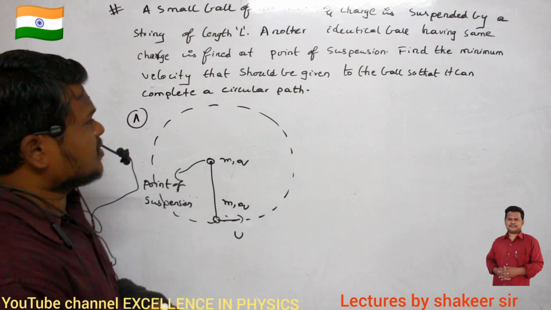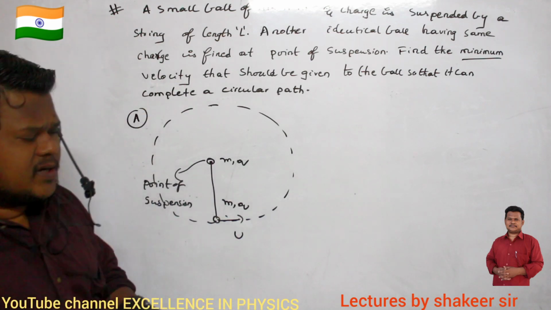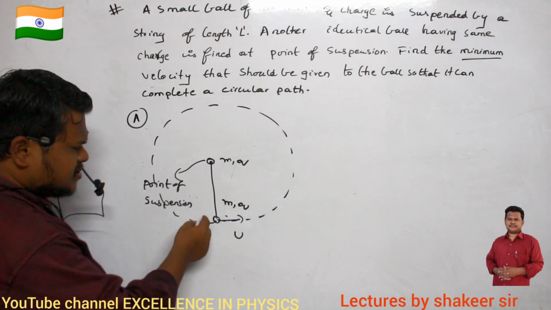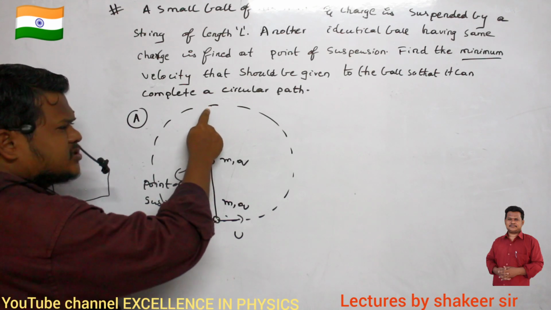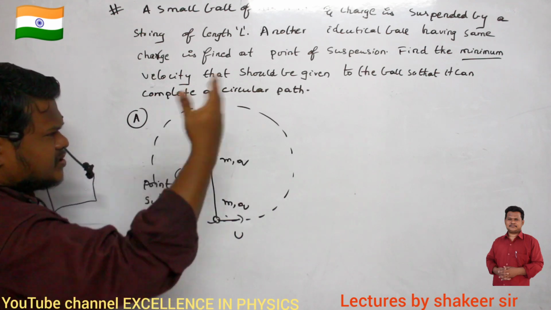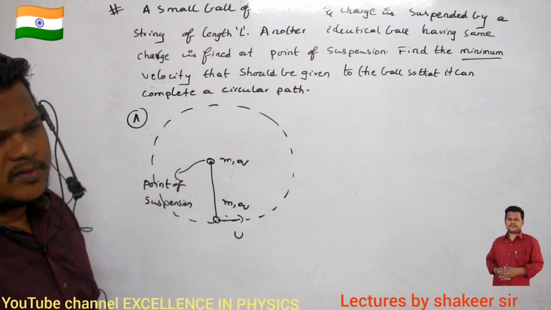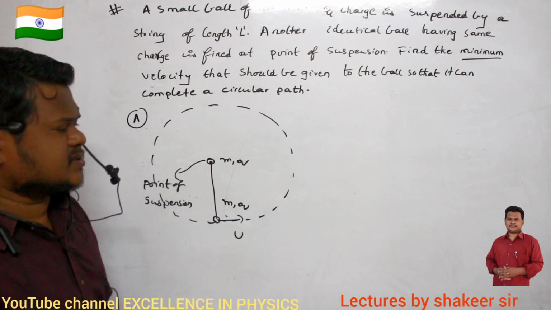But what kind of velocity is he asking us to find out? Minimum velocity. It means if I give this much velocity, after the body reaches the highest position, the tension developed in the string should become 0. All these conditions we have studied in vertical circular motion. Once you refer to that topic, you will get clarity on what is happening here.